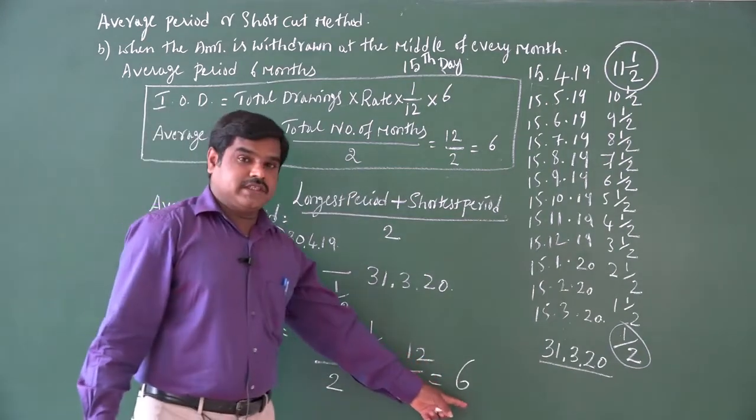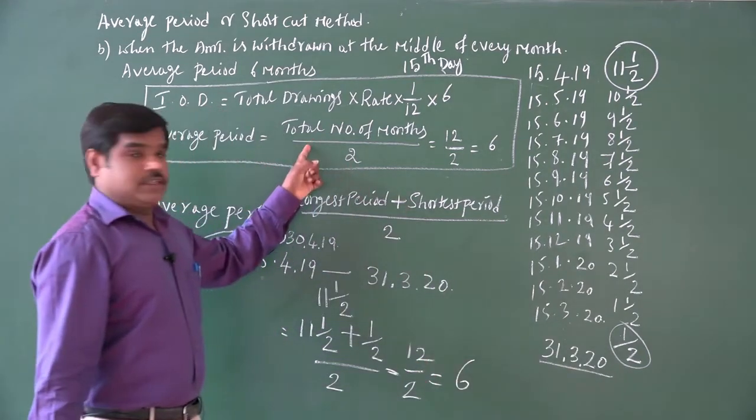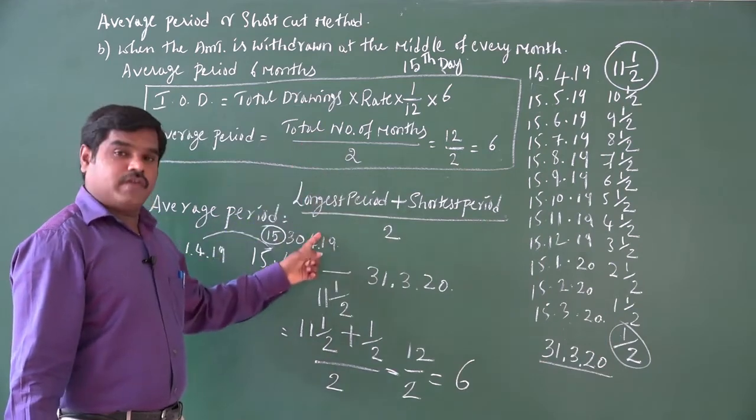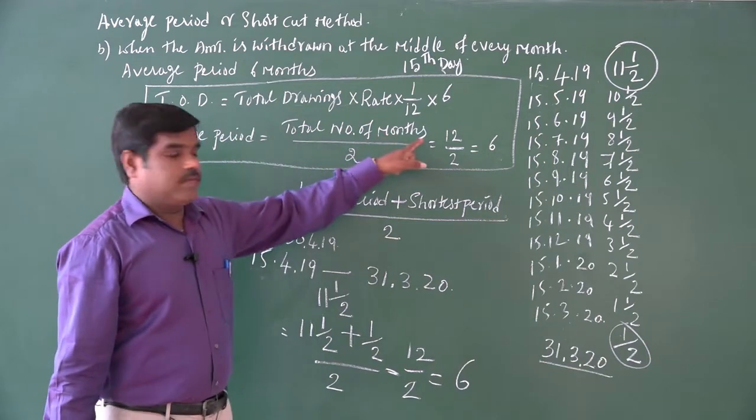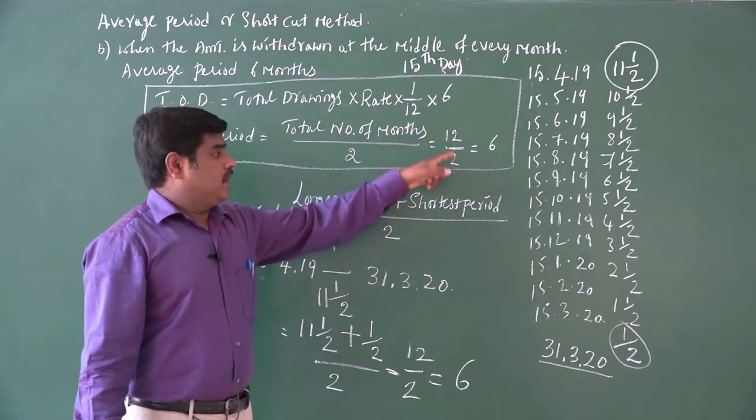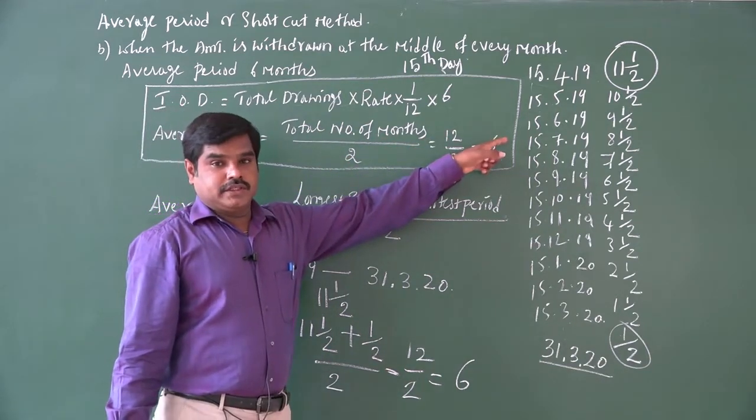So the average period is 6 months. You can follow either method, but better you follow this method: total number of months divided by 2, 12 divided by 2 is equal to 6 months.